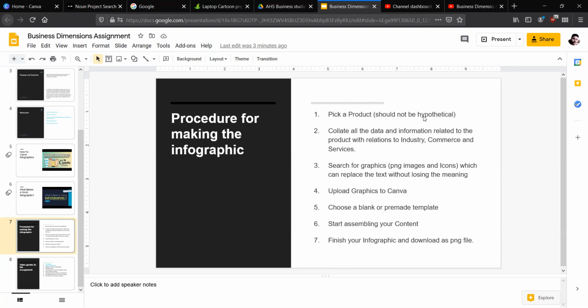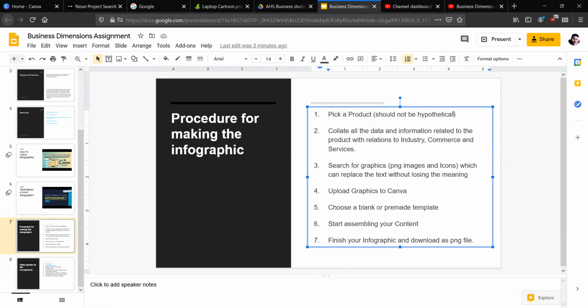Also, this should not be hypothetical. What does that mean? That means that this product should be existing in real life. This is a case study. So the product should be real. It should not be a theoretical product.